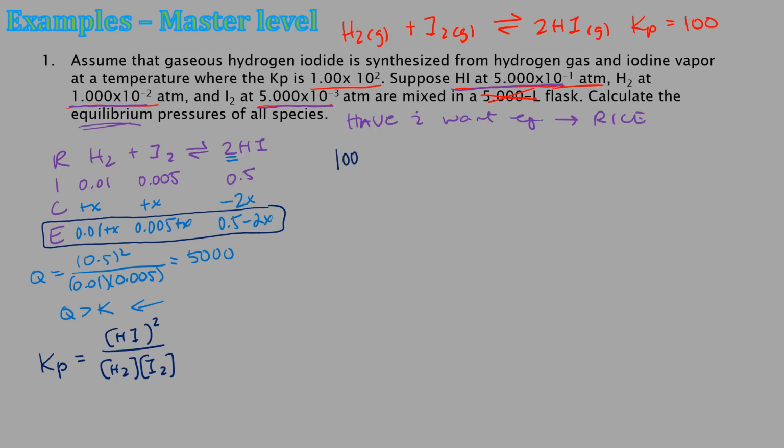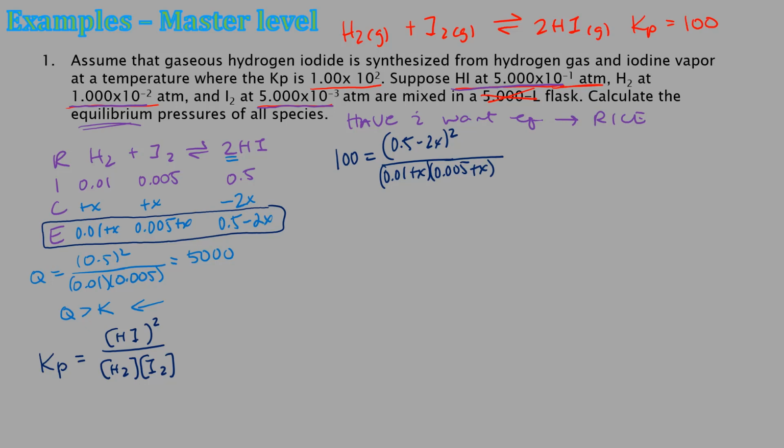So I have 100 is equal to, that's my Kp, (0.5 minus 2x) squared divided by (0.01 plus x) times (0.005 plus x). All right, so there's no way to take the square root of both sides here and fix this. We have to FOIL all this out.